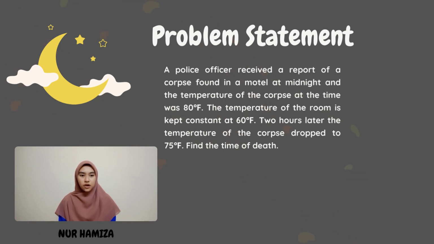The temperature of the room is kept constant at 60 degrees Fahrenheit. 2 hours later, the temperature of the corpse dropped to 75 degrees Fahrenheit. So, we need to find the time of death. The solution for this problem statement will be discussed by Hannah.